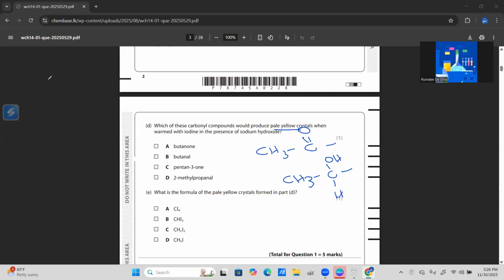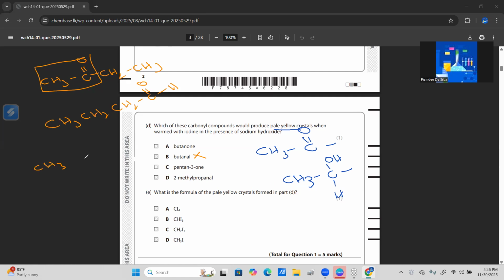So if I take butanone, it is written like this. So we can see there is a methyl ketone in butanone. If you take butanal, it is CH3, CH2, CH2, CHO. It has a propyl group.